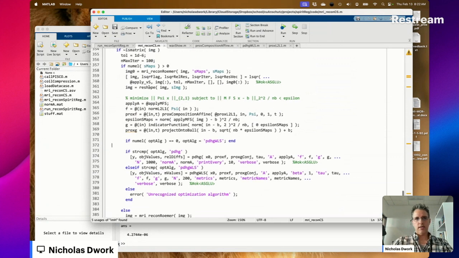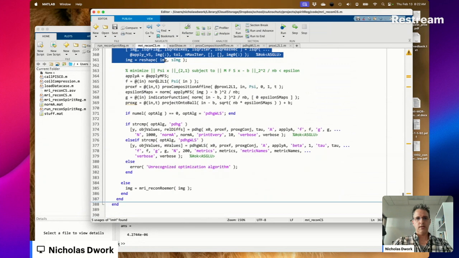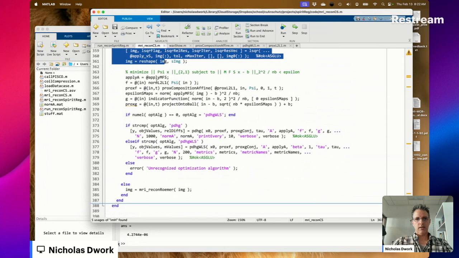So all of this work we did up until this point was just a surrogate to find this error, epsilon S maps.